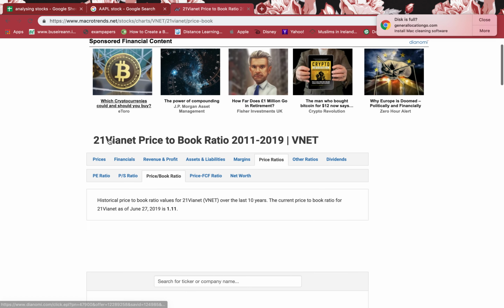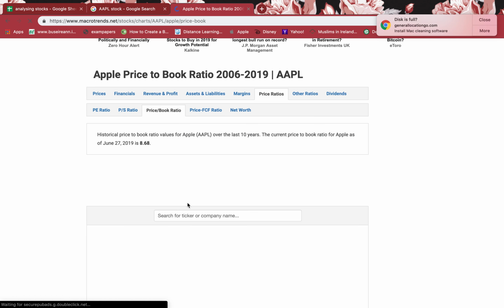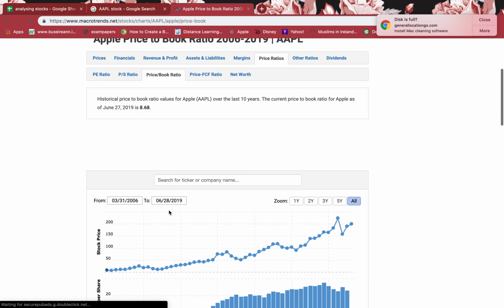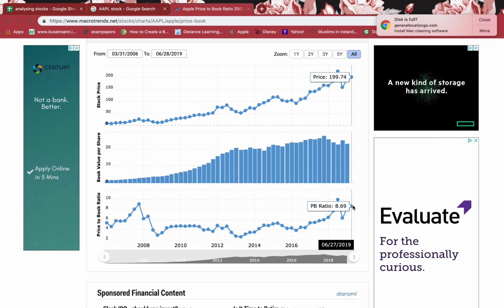You can just type it in Google, and I'll go to price ratios, then price book ratio, and I will paste the stock I'm searching. You can paste the symbol or the name. Click on that, and it will give you the price book ratio. And the price book ratio is 8.69 right now.